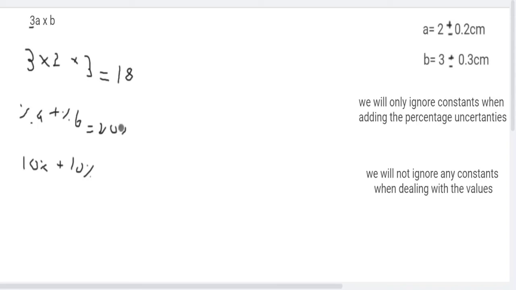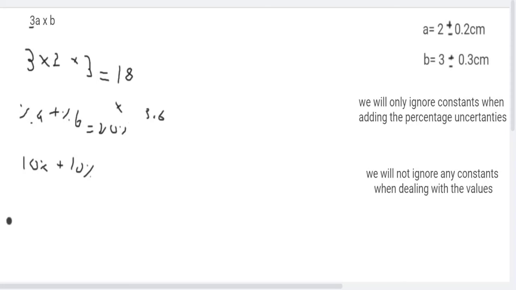Now what was the next step? The next step was to multiply the measurement or the value with the percentage uncertainty I get from this answer. And 18 times 20% would give me 3.6.